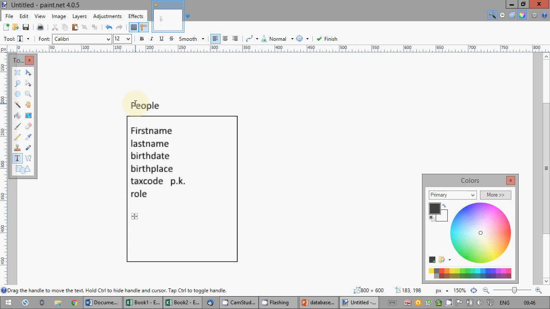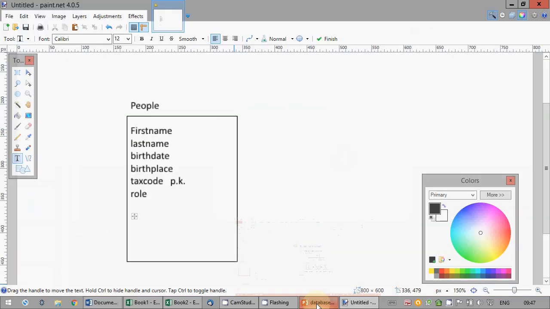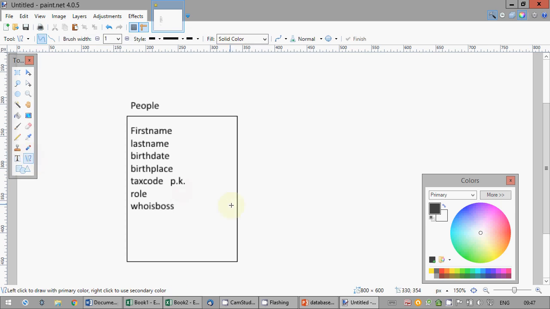Okay, and if you want to have the knowledge of who is your boss, because here you have some people below director 1, some people below director 2, and some people below director 3. So if you want to get to know who is your boss, you write here, who is boss, with a relation.